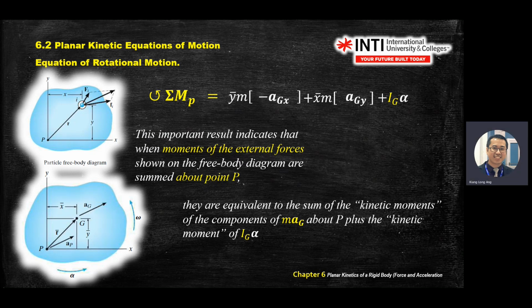So you have two for rigid body. You have the effect of forces from the center of gravity because of mass, and also moment because of your angular acceleration. So for rigid body, you need to consider alpha and mass times acceleration.